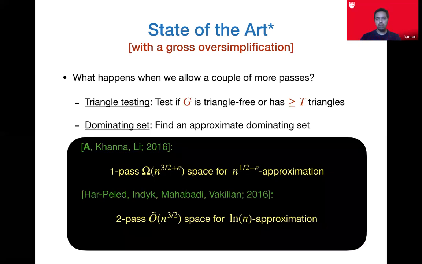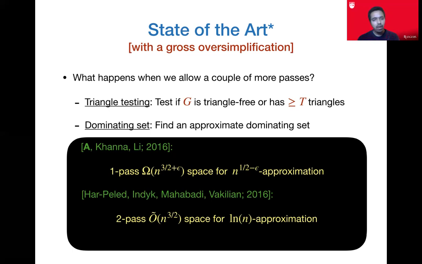We also know that in the same space, you can do much better in terms of approximation. For instance, for the dominating set problem, in n to the 3/2 space, the best single-pass algorithm can effectively only get a square root n approximation, while in 2 passes, we can get even a log n approximation within the same space.